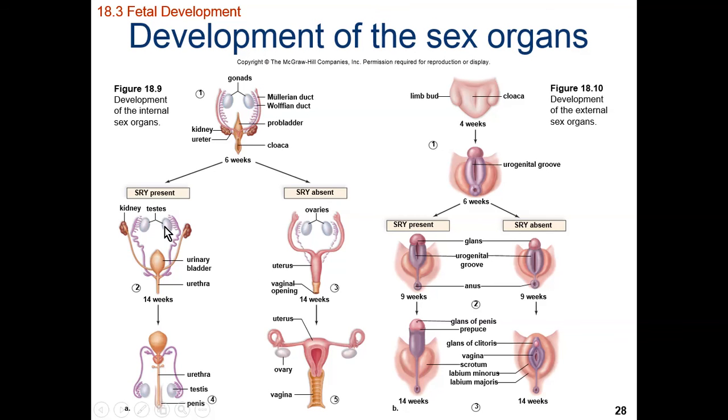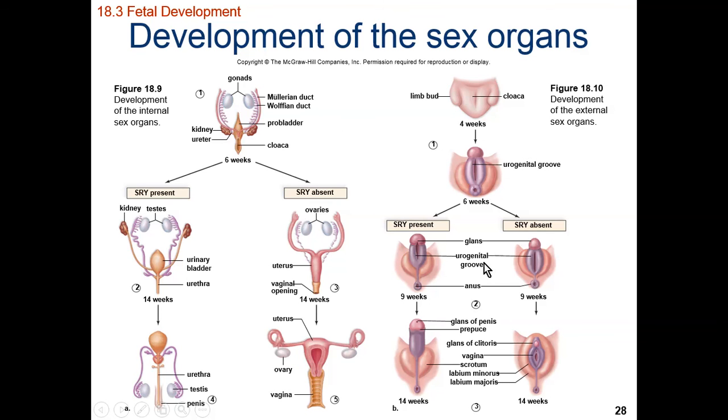If these precursor testicles or testes secrete DHT, then male external genitalia will form. If these precursor testes do not secrete DHT, or if the tissues do not respond to DHT, female external genitalia will form. And this is on the inside, or the internal anatomy.